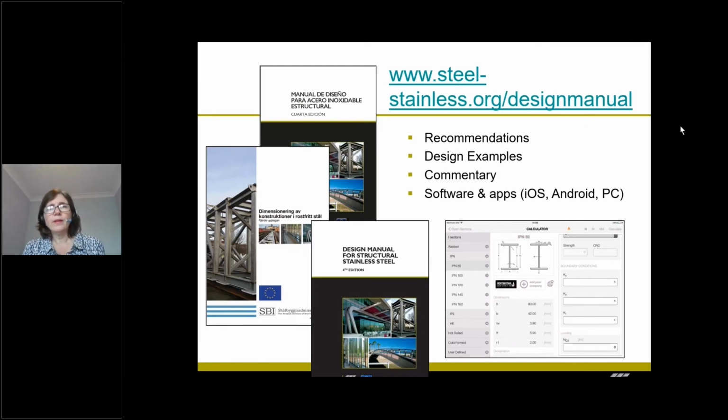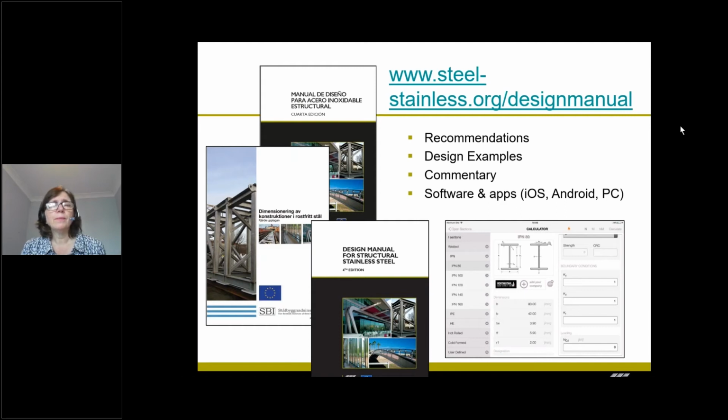Well, in these slides, I hope I've whetted your appetite for designing structural stainless steel, and there is a lot of additional information out there. So I'm closing by introducing you to the design manual for structural stainless steel, now in its 4th edition, which is available in, I can't remember, 9 languages or something, free download.